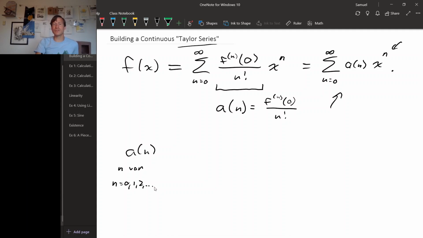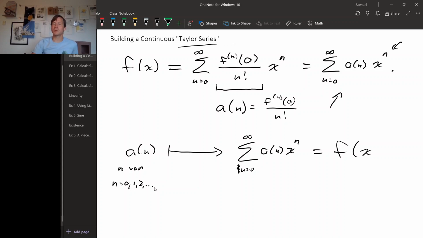So we started with this function a sub n, and we put it into this transformation formula, which does a sum from 0 to infinity of a of n x to the n, right? And this formula tells us what our output is. This output is a function not of the original variable n, but of a new variable x.